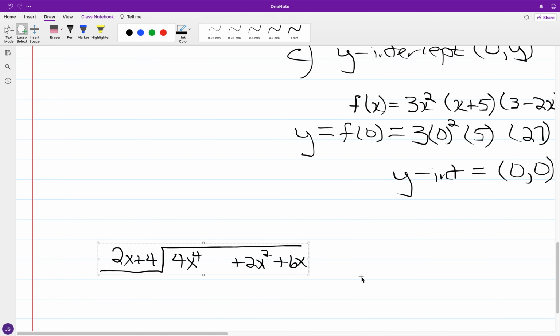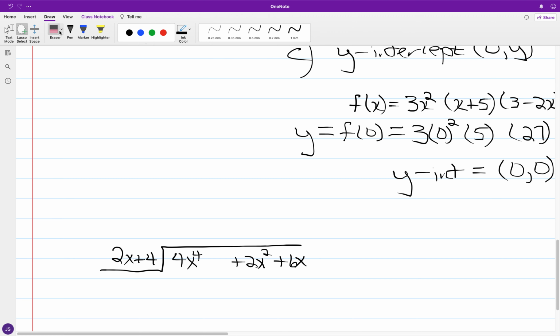Again, I normally like to go with synthetic division, but the divisor, even though it's linear, has that coefficient 2 out at the front. So in terms of synthetic division, I'm looking at having to hit the brakes on this one.